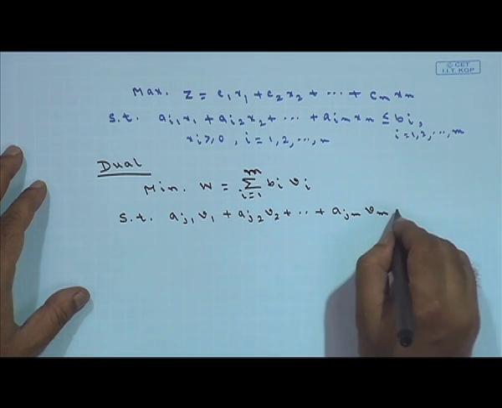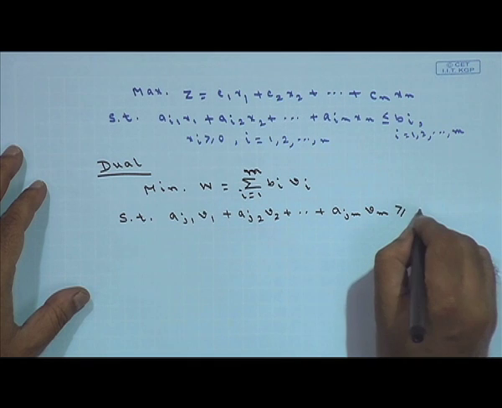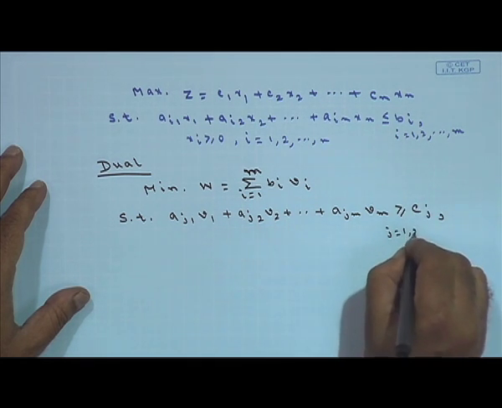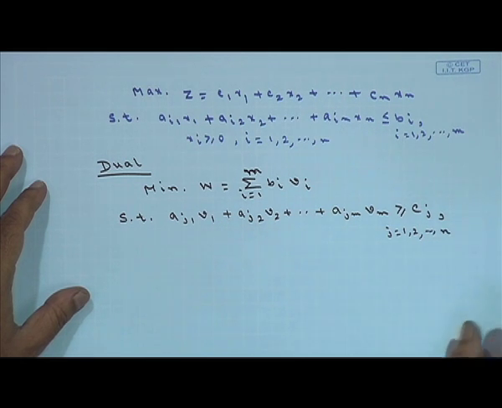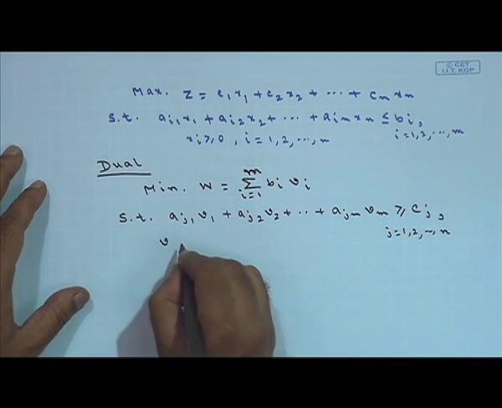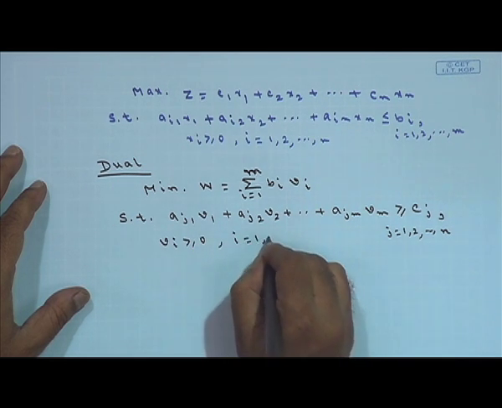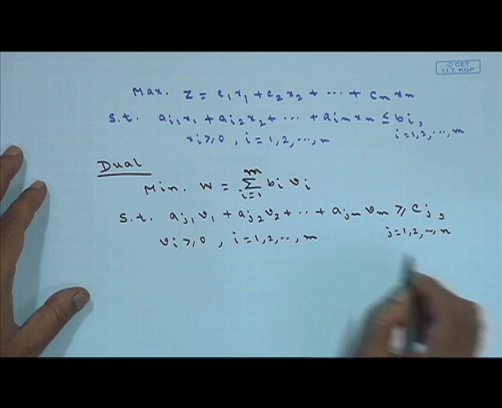Since this was less than equals bm, it will be greater than equals cj, where j is from 1 to n. And of course, vi greater than equals 0, where i equals 1, 2, up to m.